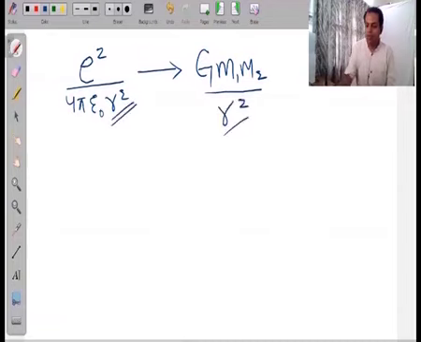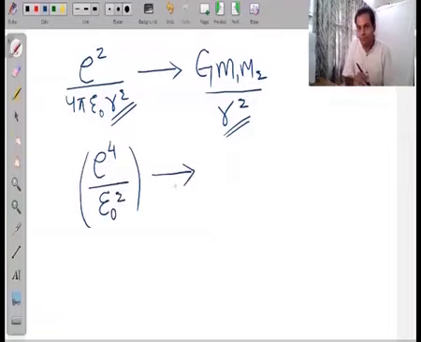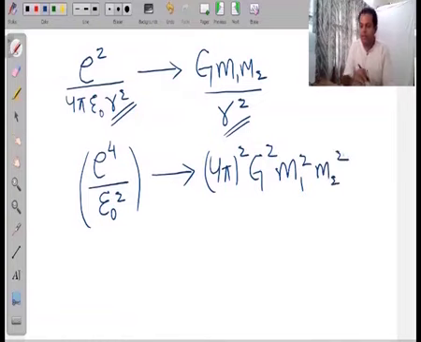This part is common, and if you look at e to the power 4 upon epsilon naught square, this is the term that appears in the value of the Rydberg constant. When comparing these two expressions which are written at the top, I would say that it should be replaced by 4 pi square G square m1 square m2 square. If I make this replacement, I would get the correct Rydberg constant of my system.